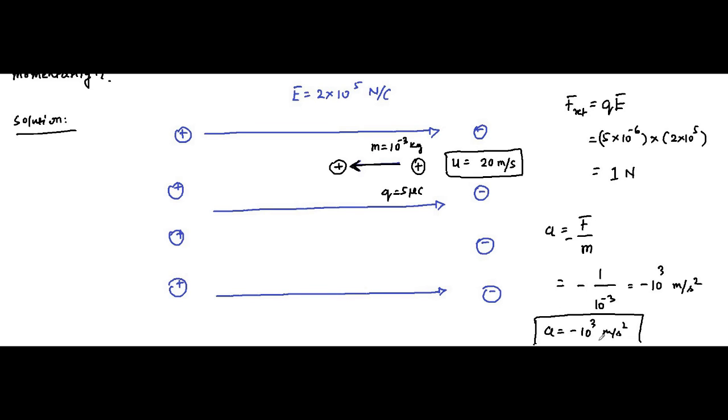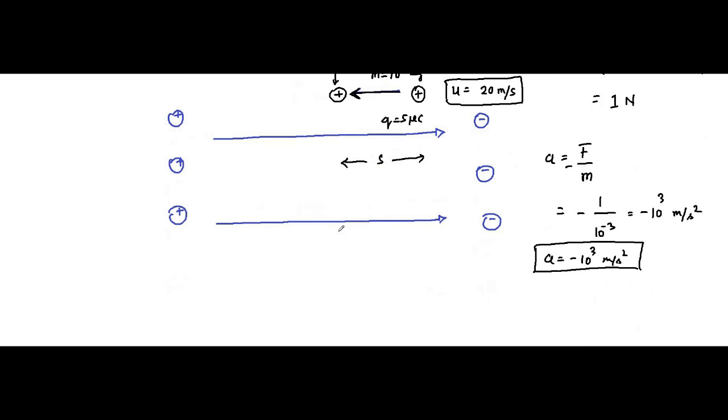Then we have been asked to find the distance which it travels. Let's say it comes to rest at this point. This distance from the initial position to the final position we have to calculate. So we will be using the equation of kinematics, v square minus u square is equal to 2as. Final velocity here is 0 meter per second because it comes to rest momentarily.